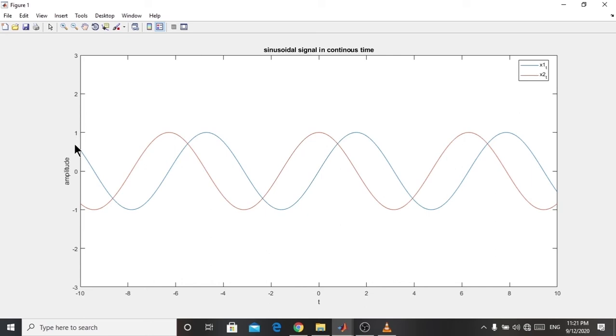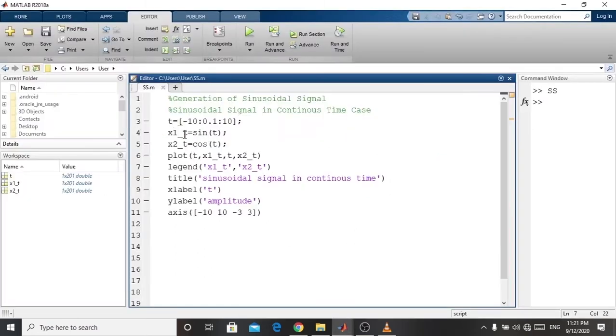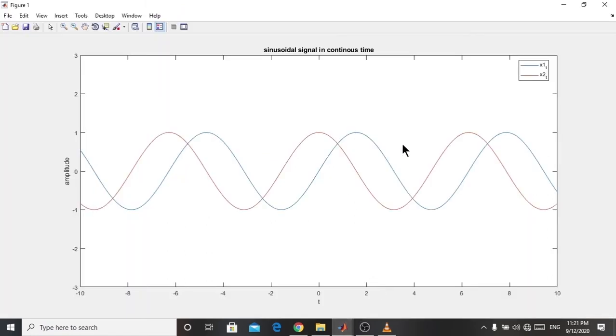Here the blue represents x1 of t and red represents x2 of t. In the command we have defined x1 of t as sin t and x2 of t as cos t. So in the graph we will get x1 of t, that is the sine function, and this is the cosine function.